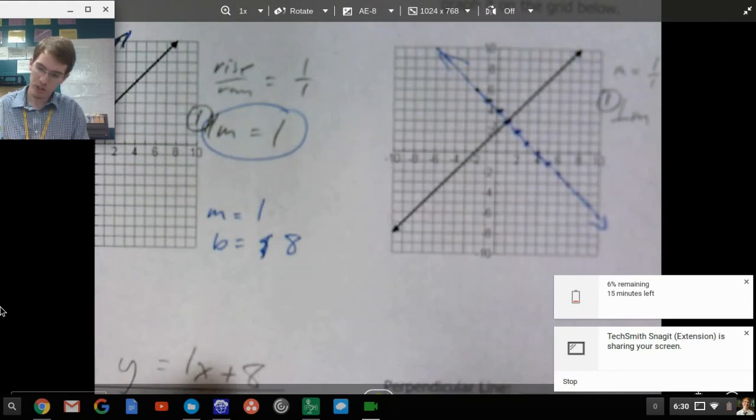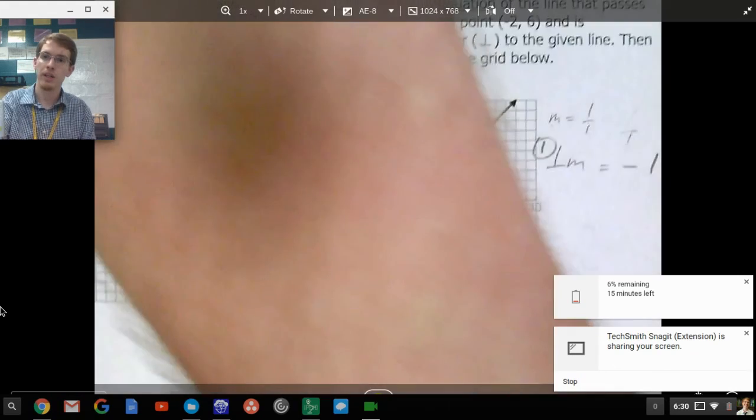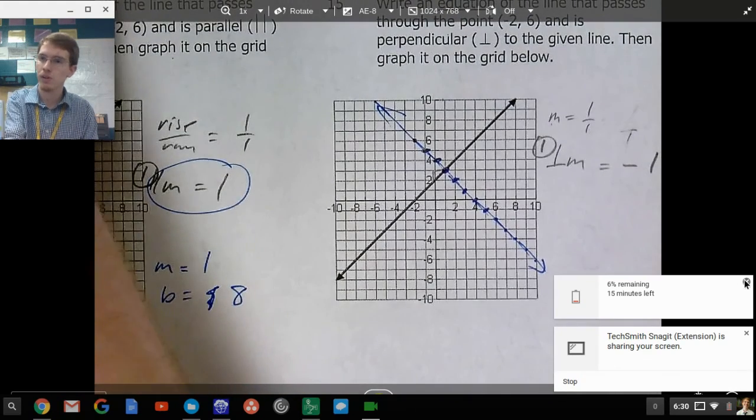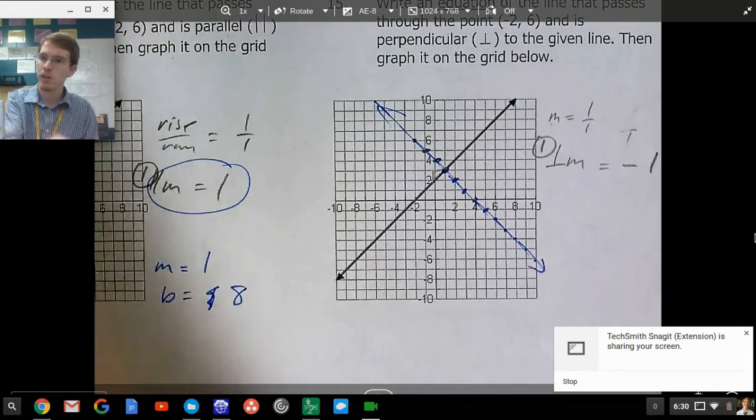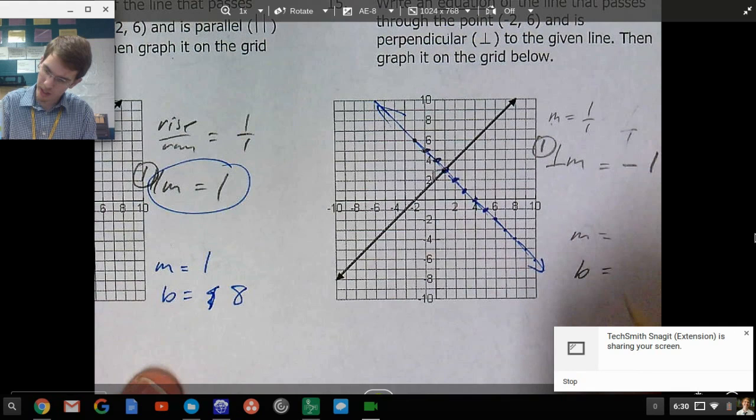Now to find the equation of this line that I just drew, I need two things: the slope and the y-intercept. The y-intercept is right there, 4. The slope we just said was negative 1. So the perpendicular line here is y equals negative 1x plus 4.